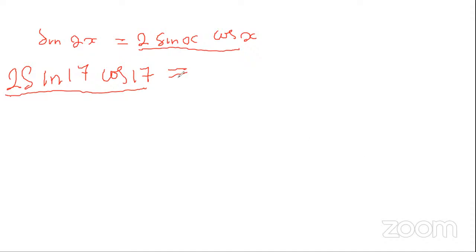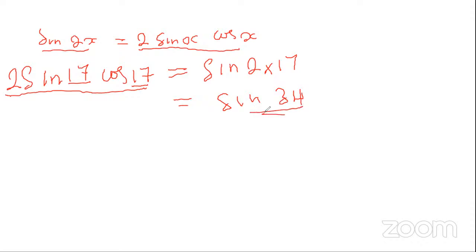So we shall have it in terms of sine of 2 times the angle, which is 17. It is like we are factorizing. So we end up with sine of 34.